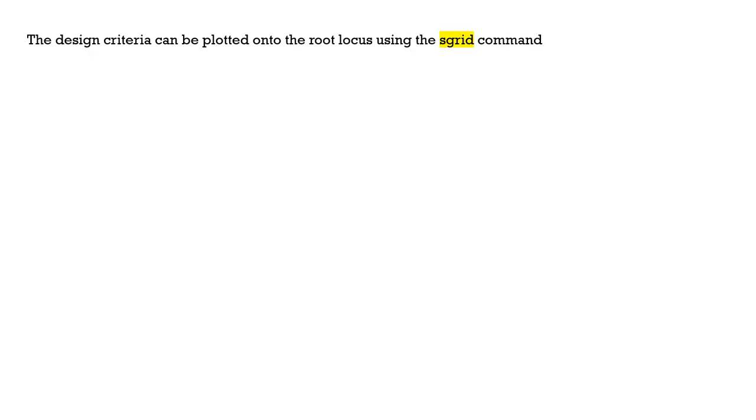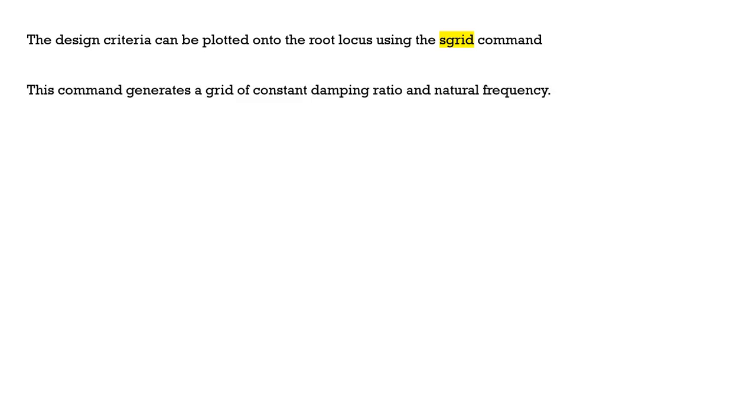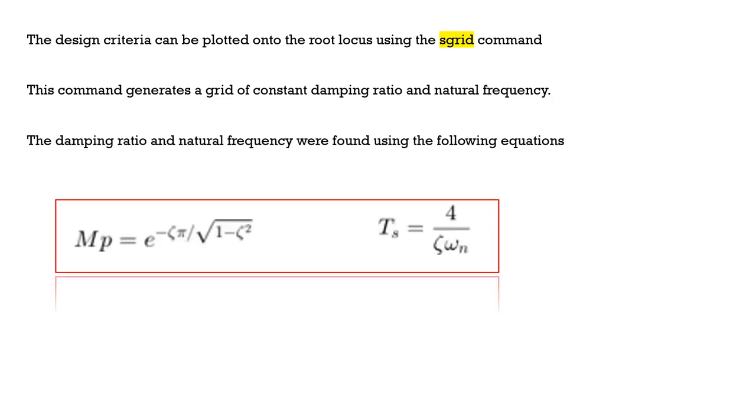The design criteria can also be plotted onto the root locus using the sgrid command. This command generates a grid of constant damping ratio and natural frequency. The damping ratio and natural frequency were found using the following equations, which relate them to our maximum percentage overshoot and settling time requirement.